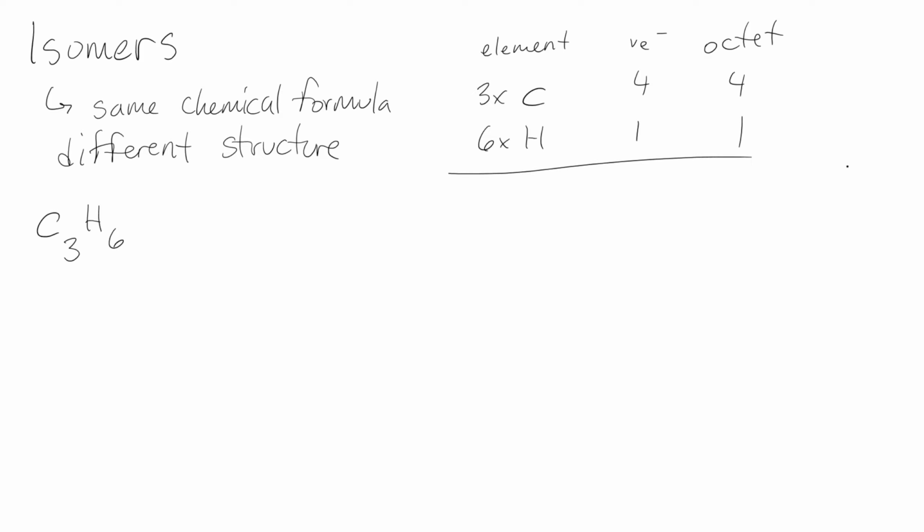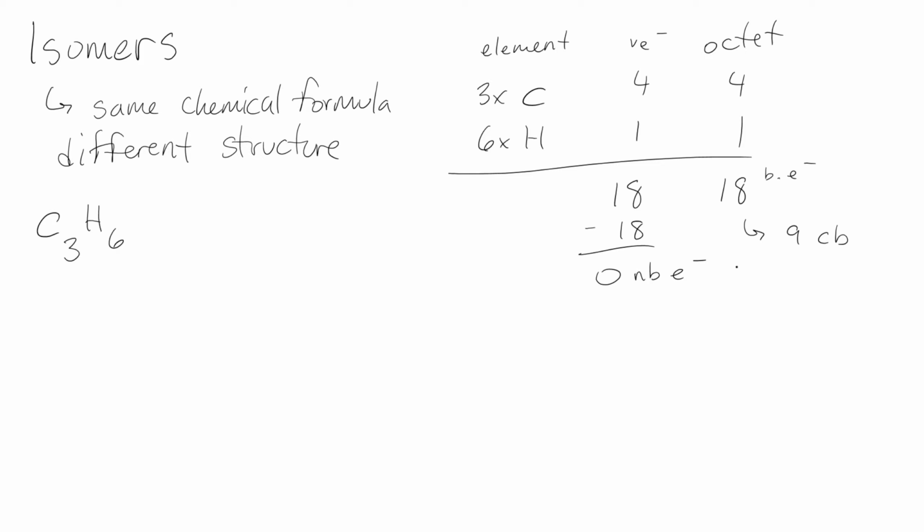So in total, that's 3 times 4 plus 6, that'll be 18. So there are 18 bonding electrons, and so that means there are 9 covalent bonds and 0 non-bonding electrons. That's 18 minus 18, or 0 non-bonding electrons.